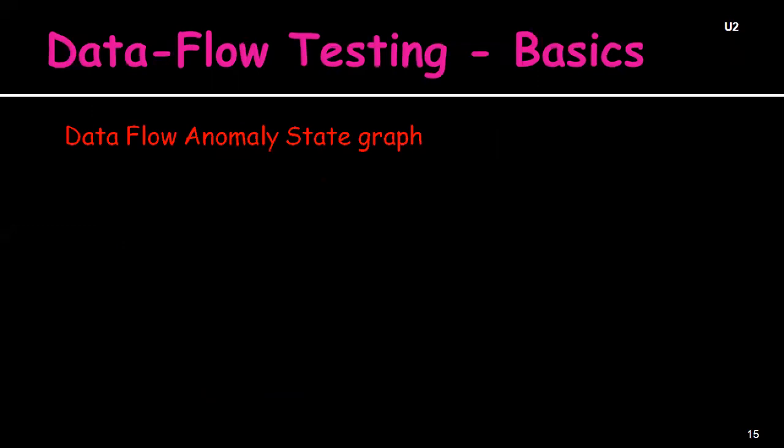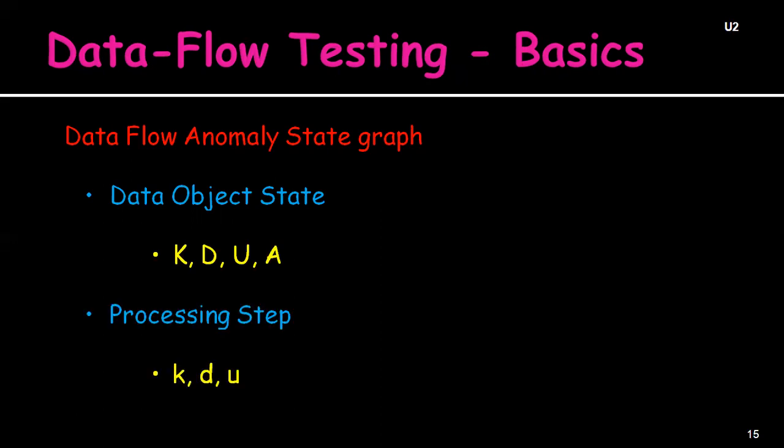So here the data flow anomalies define an object to be in one of the following 4 additional states, that is KDUA. So here you can see KDUA in capital letters, and kdu in small letters. We should not get confused between these capital letters and the small letters.